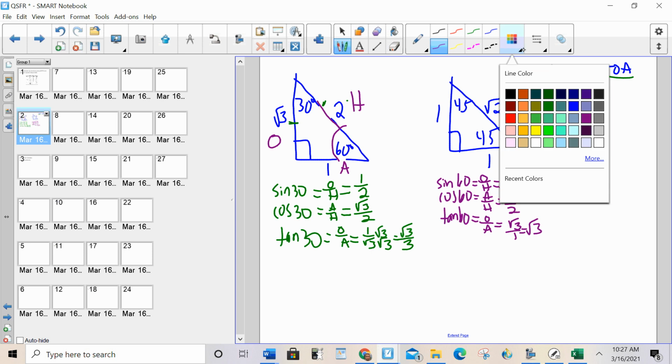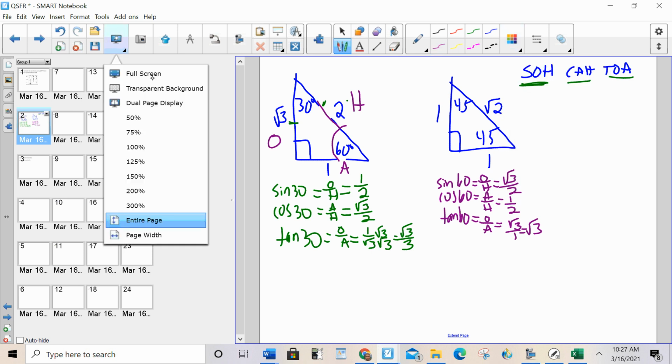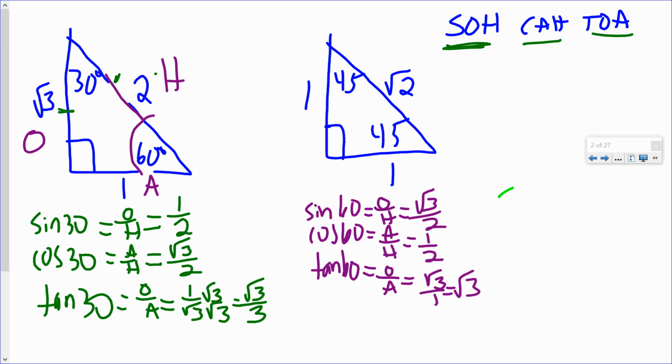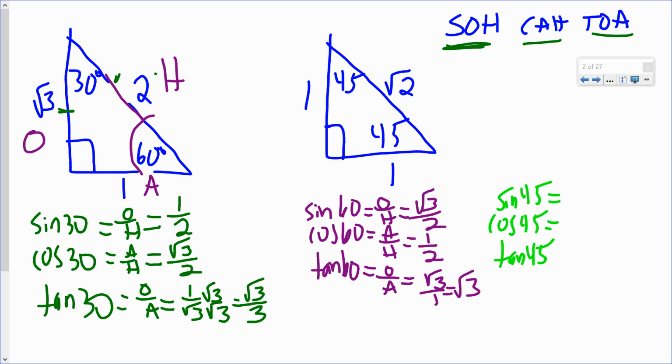And now let's move to the other triangle. And let's do sine of 45, cosine of 45, tangent of 45. And again, sine is O over H, cosine is A over H, tangent is O over A. So it doesn't matter which 45 we pick. I'll pick this one.